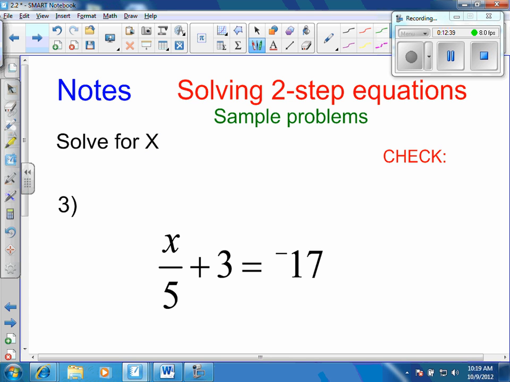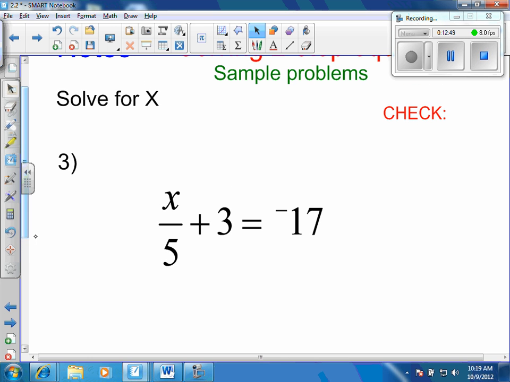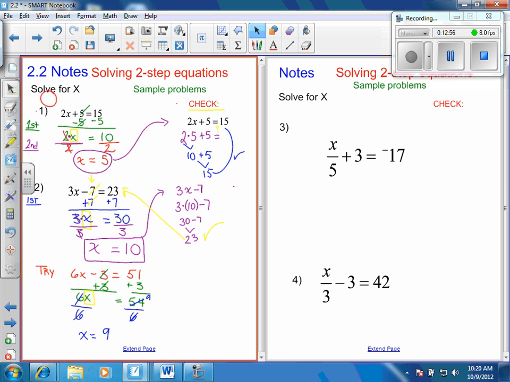Let's go to this type of problem. So this is a little different, but it's just your last example for today. It looks a little different, but when you compare them side by side, really the difference is that in problem 1 up here, you had 2 times x, right?